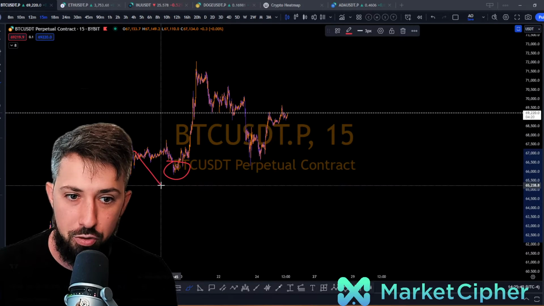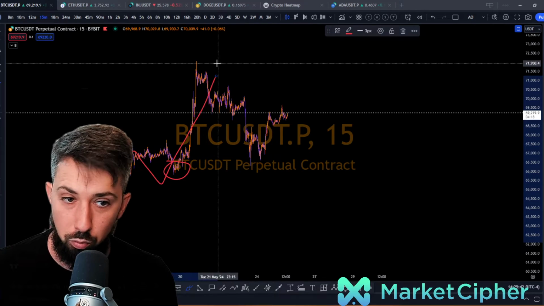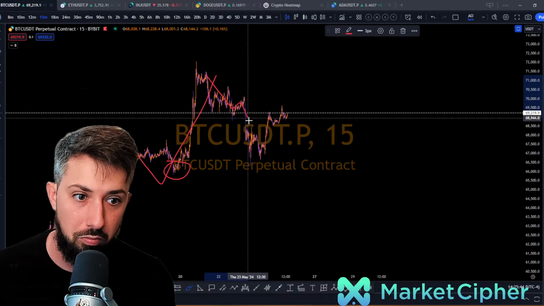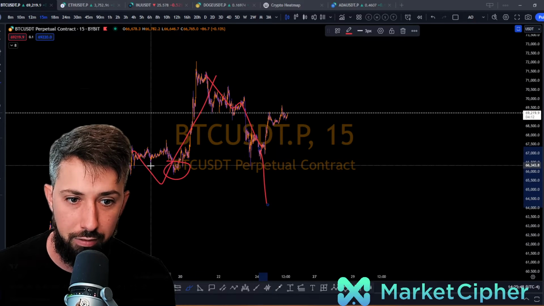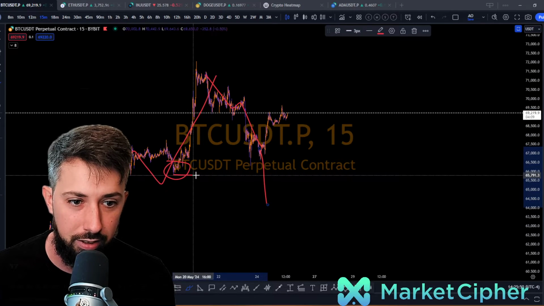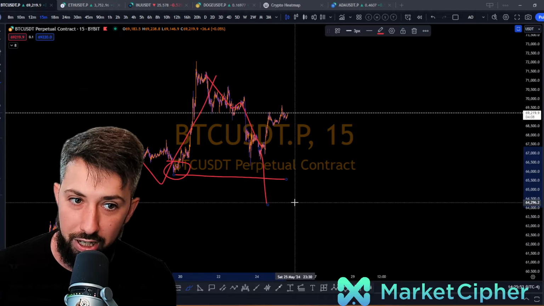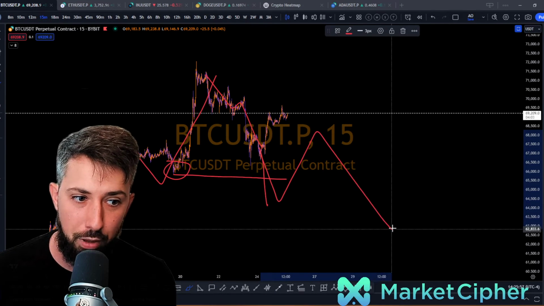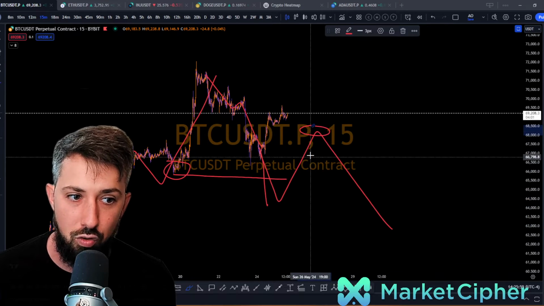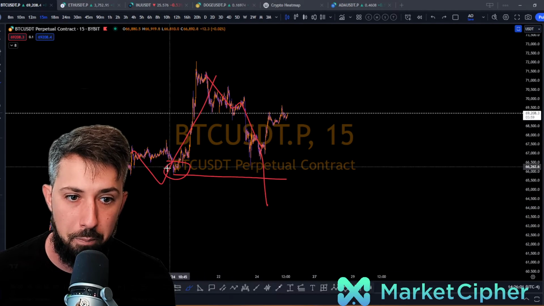We are in an uptrend, and we are coming back down in a short-term downtrend. If we come down below this low here, that would be a break of structure.